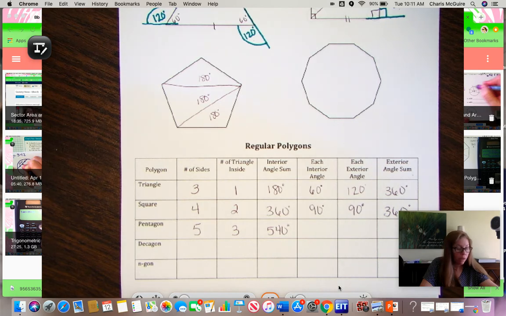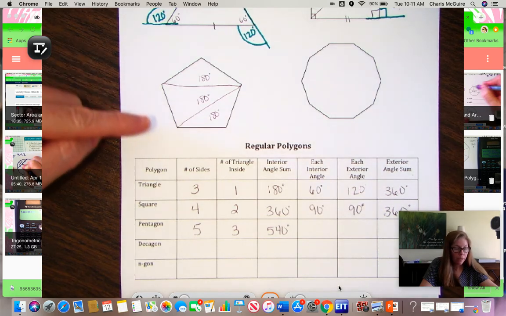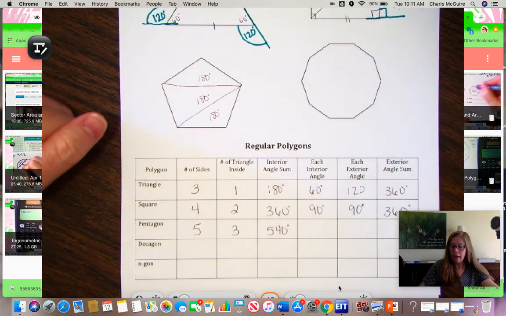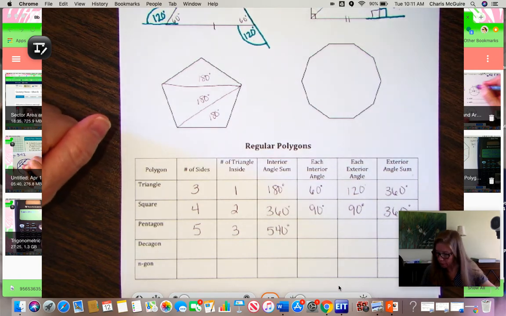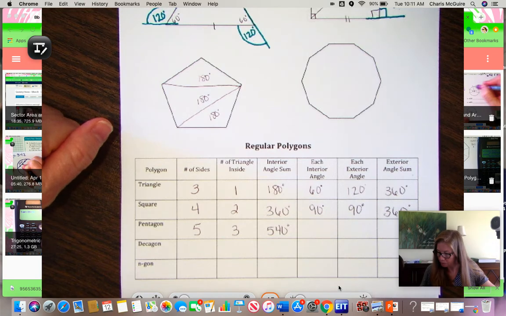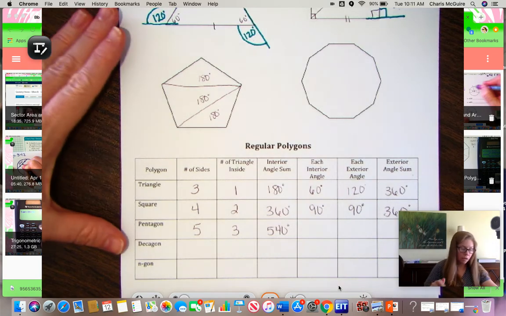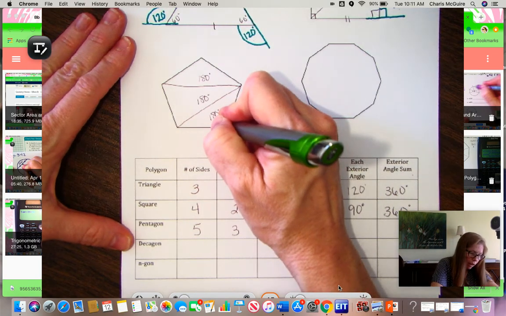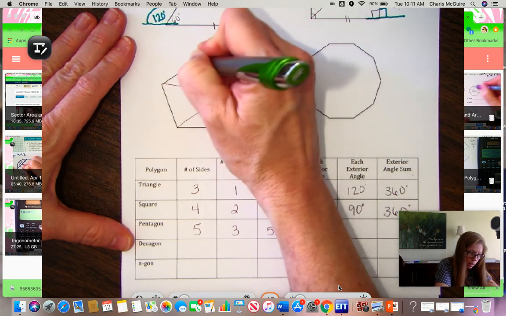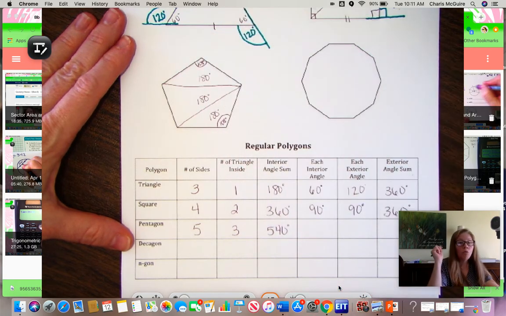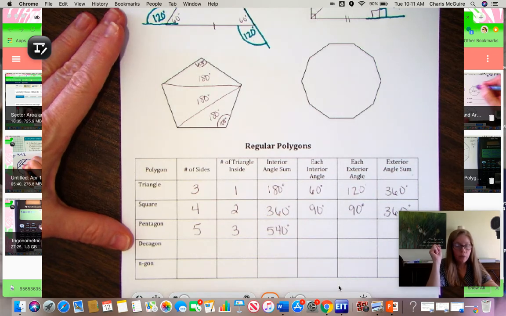So when you look at a regular pentagon, we can take that 540 and divide it by 5. And what do we get? We get 108 for each angle. So every angle on the inside is 108 degrees on a regular pentagon. It has to be a regular pentagon.